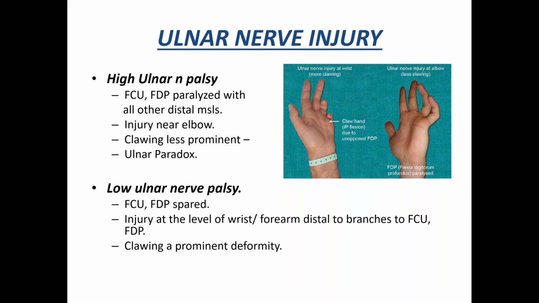In low ulnar palsy, FCU-FDP is spared, but all the other branches in the hand are paralyzed. Therefore, the lumbricals are not acting, the hyperextension occurs in the MCP joints, and the FDP is acting. So FDP leads to a prominent flexion of the interphalangeal joint, and therefore the clawing becomes more prominent.